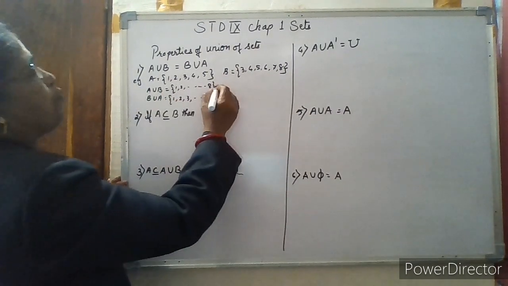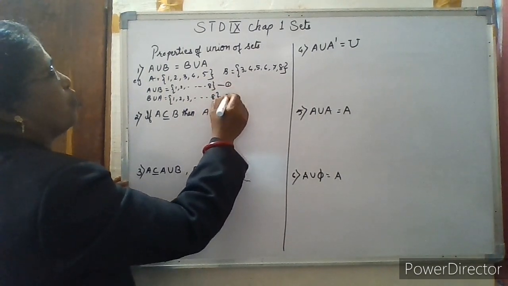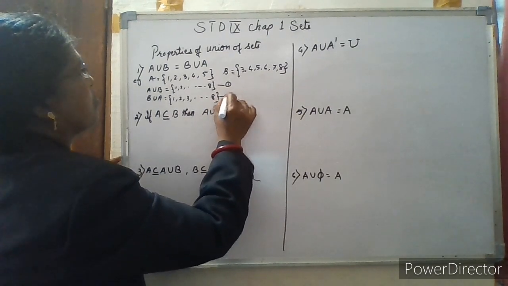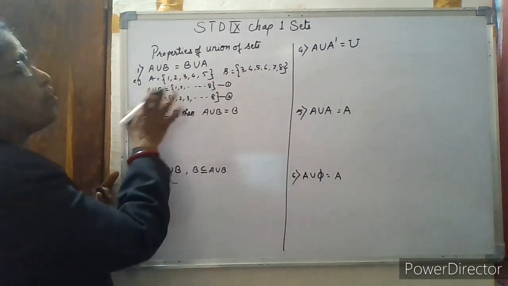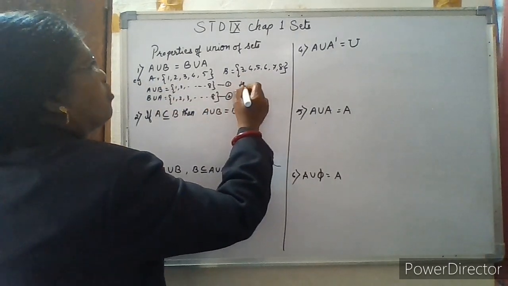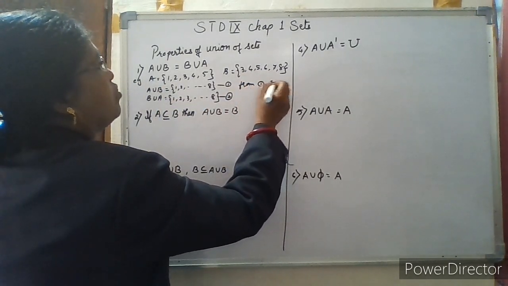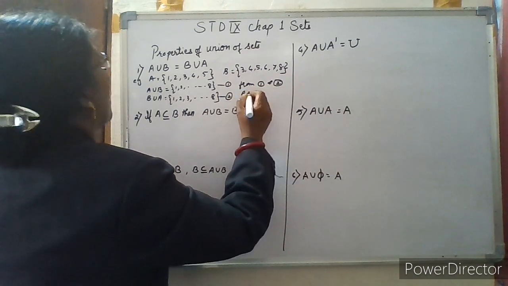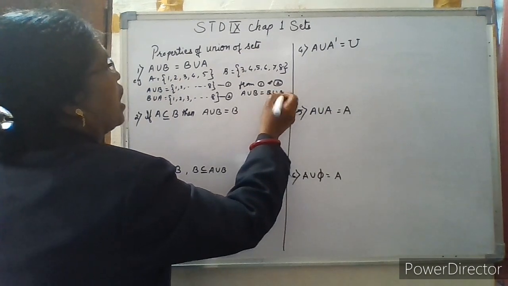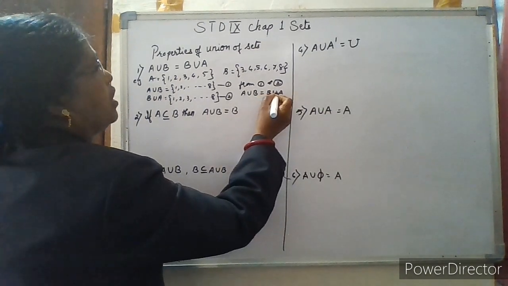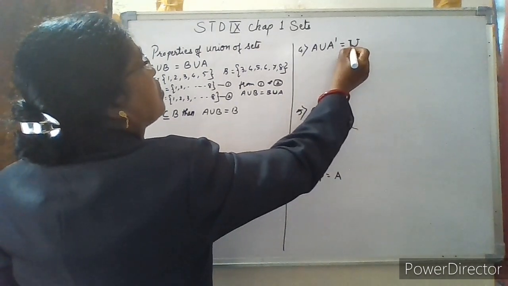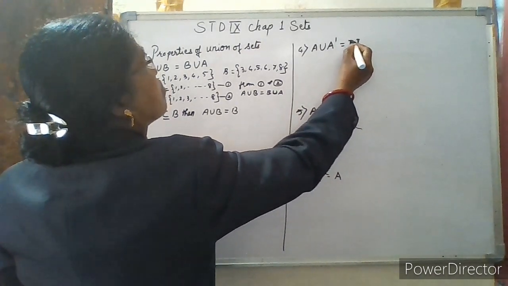So from point 1 and point 2, we can see that A union B is equal to B union A. Union is written as simple U. Just see the difference, and this is the universal set.